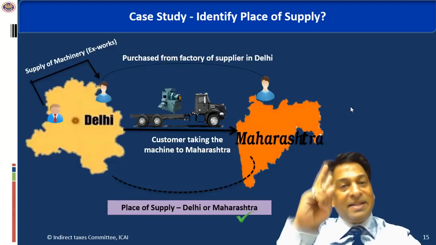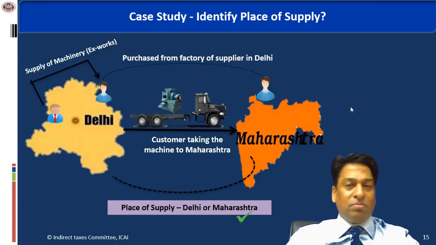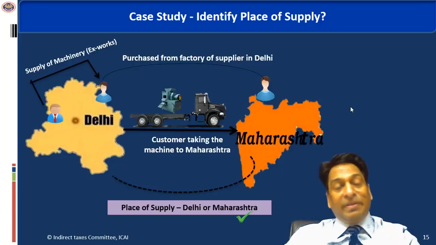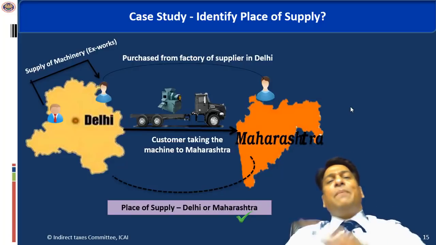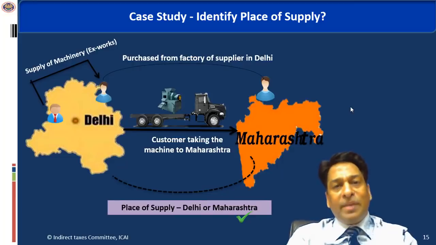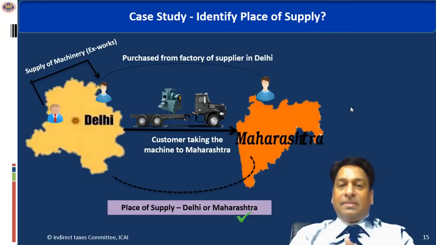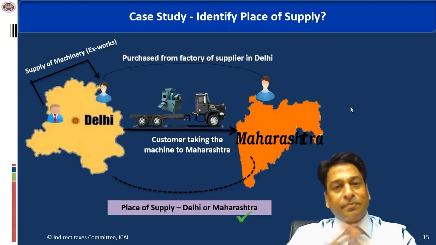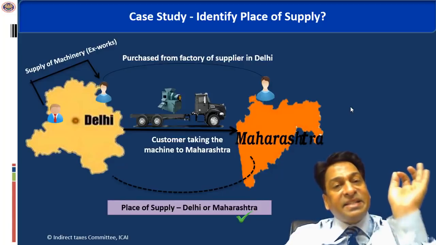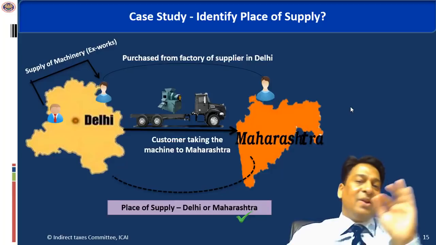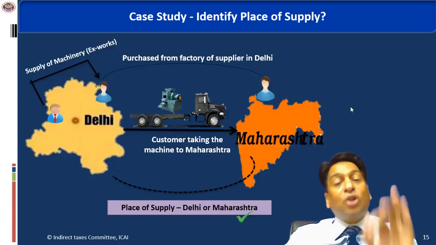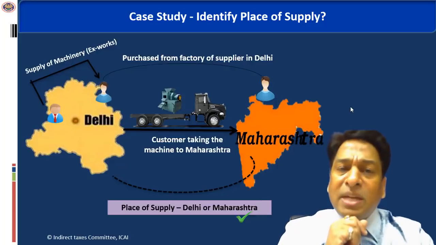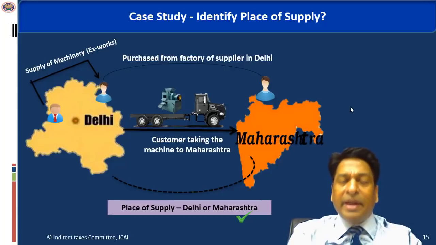First logic. Second logic. If you assume for any reason it's an intrastate supply, then it goes contrary to the e-way bill provision. We all know the e-way bill provision, rule 138, is the principal provision. What does rule 138 say? Where any registered person, either consignor or consignee, is causing the movement of goods. So in case of ex-works, who is causing movement of goods? The recipient.